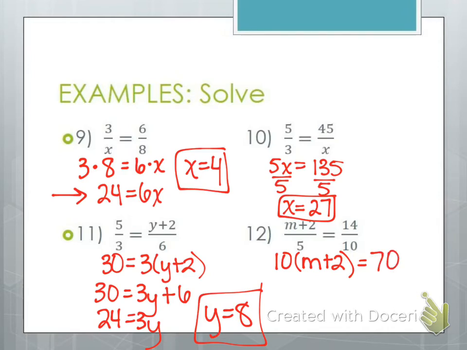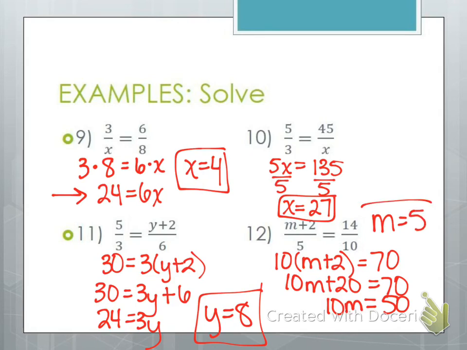When we distribute the 10, what does that give us? 10m plus 20 equals 70. To get m alone, subtract 20, that gives us 10m equals 50, and then we would divide by 10, so m equals 5. And that is the end of today's notes.